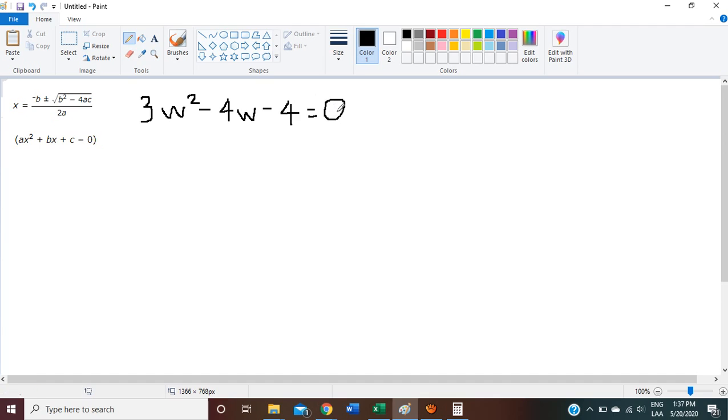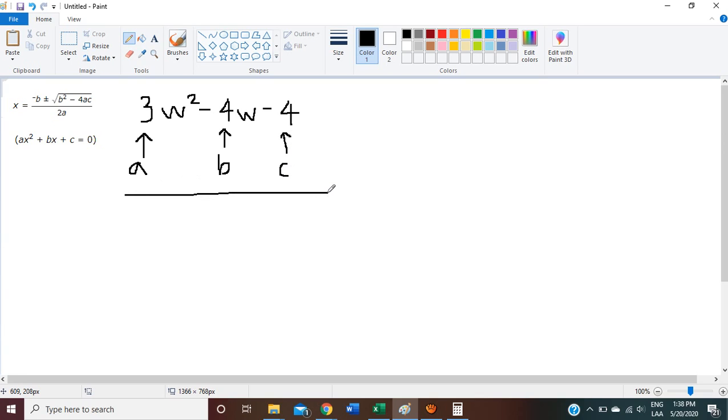We can omit this equals 0 right here. Please remember the format: the number with the squared variable is a, the next number is b, and the number that is alone is c.